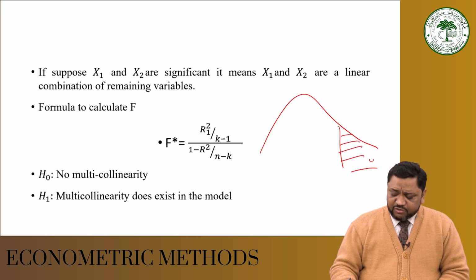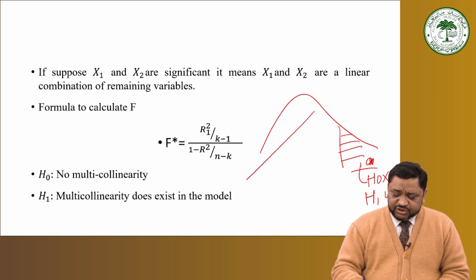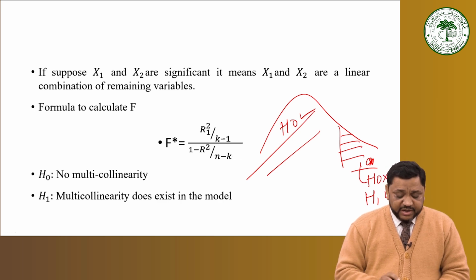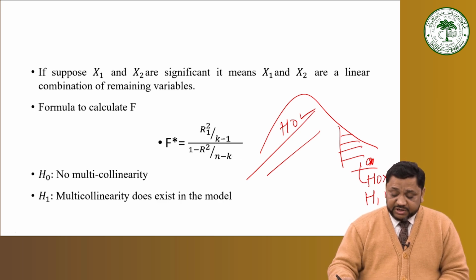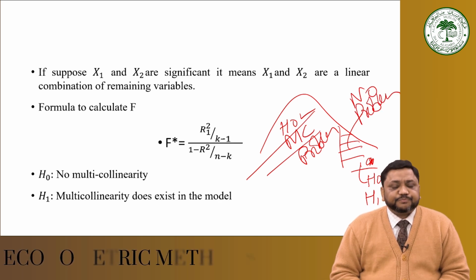So if my value falls over here, H naught is rejected and H1 is accepted, and for the entire other region H naught is accepted. H naught accepted means no multicollinearity, so if it falls over here there is a problem, and if it falls over there we can say it is no problem.